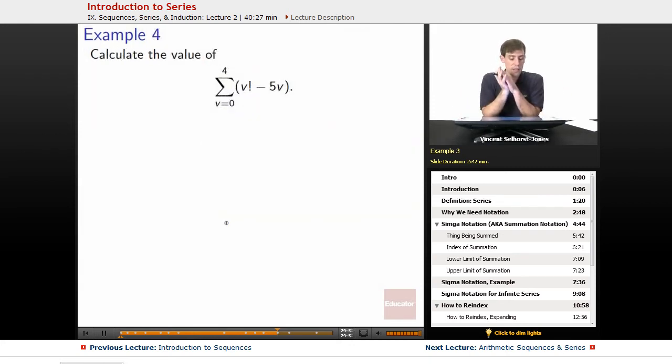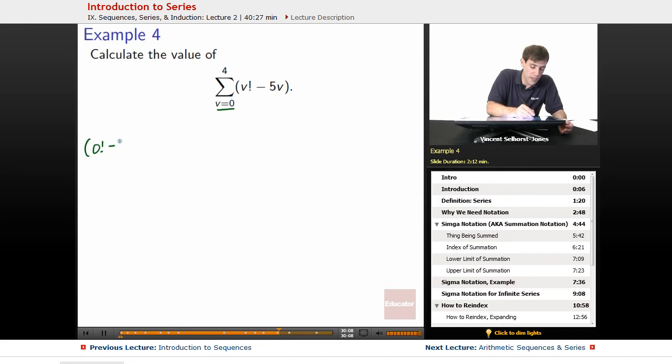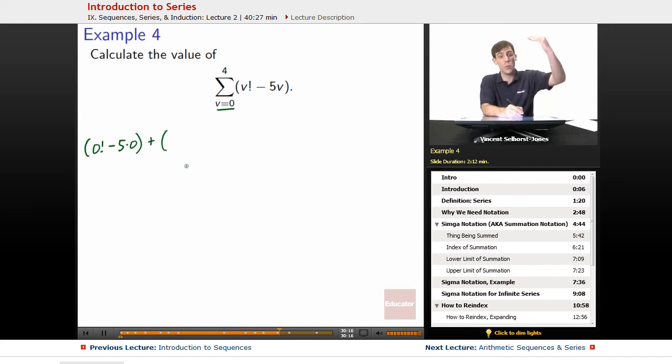All right. Calculate the value of sigma with a lower limit of 0, upper limit of 4. v is our index, where the expression is v factorial minus 5v. So the first thing we do is we plug in v equals 0 for our first term. So our very first term is going to be 0 factorial minus 5 times 0, right? Our index is v, so that's the thing being swapped out. Plus, we step up our index to the next level, 0 up to 1 now.